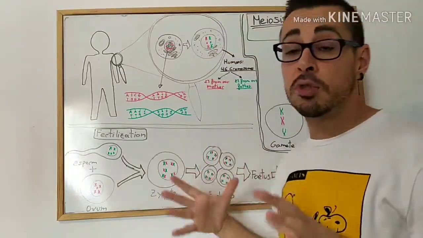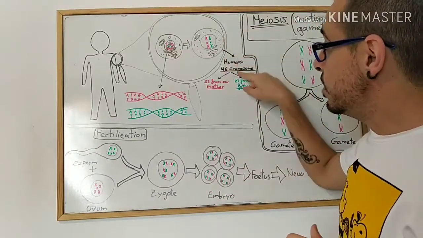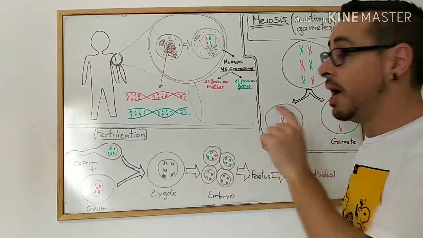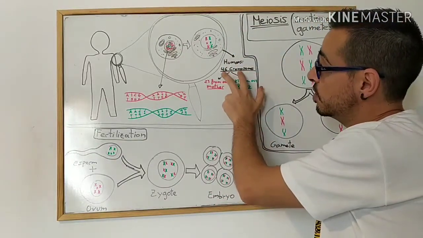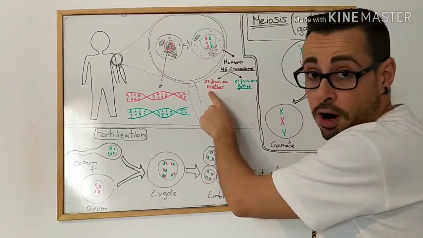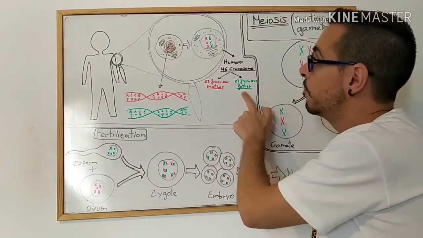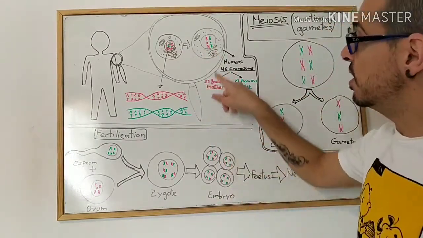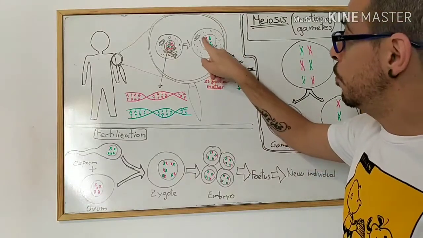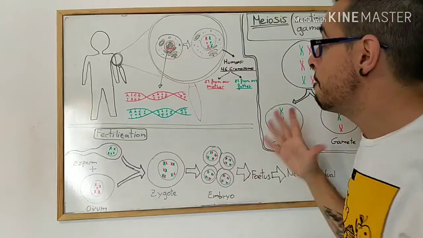And those chromosomes are visible. In the case of humans, we have 46 chromosomes. 23 are from our mother and 23 are from our father. In this picture, you can see in red the chromosomes from the mother and in green the chromosomes from the father. Okay?